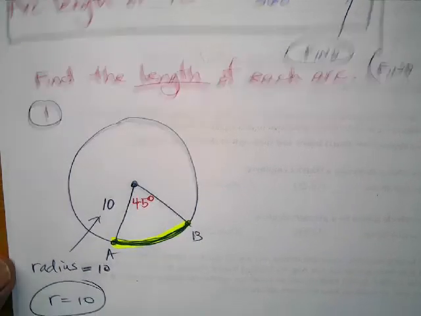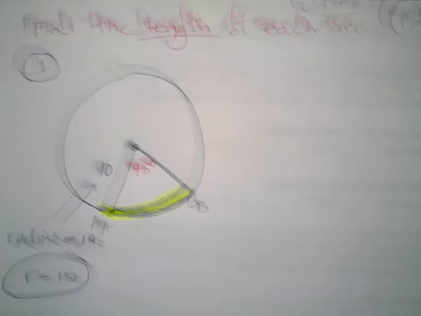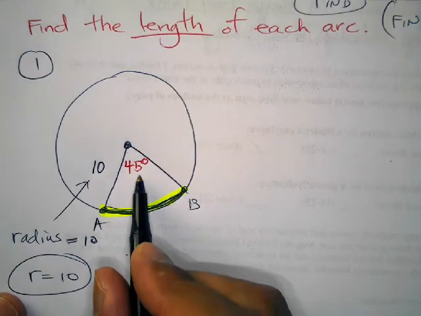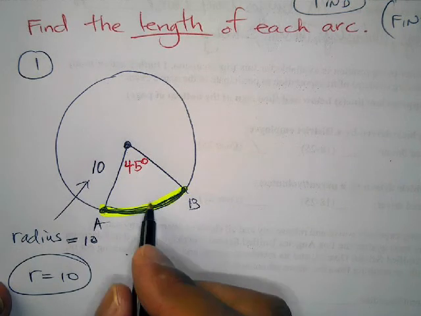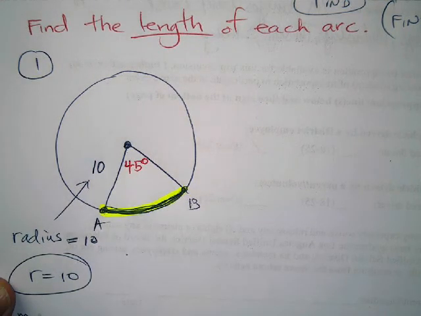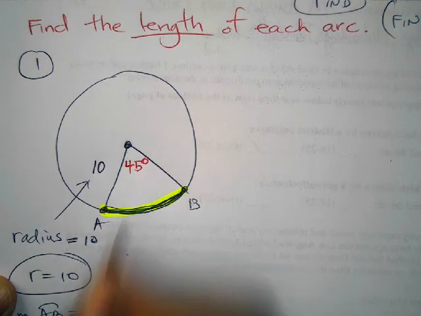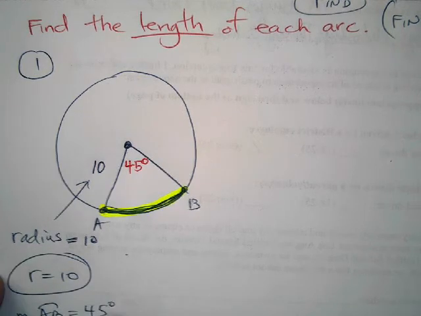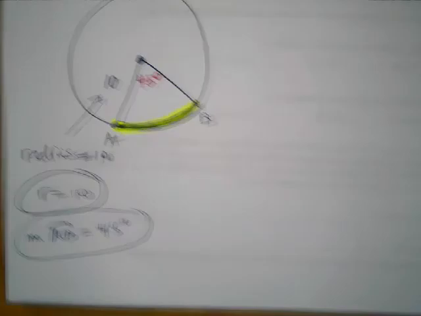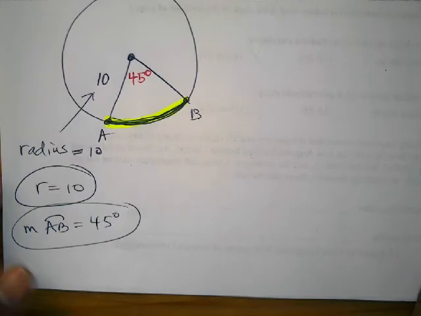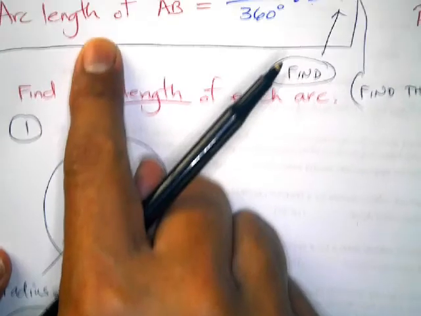So R is equal to 10. That's 1 piece of information I need, right? And what's the second piece of information? The measure of the arc, or the angle of the arc. Arc AB, the measure of arc AB is 45. Okay, that's it. That's the 2 pieces of information. They're going to give you both of them. All right, so let's do it.